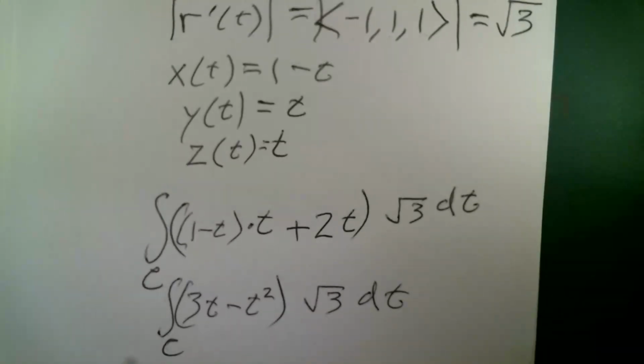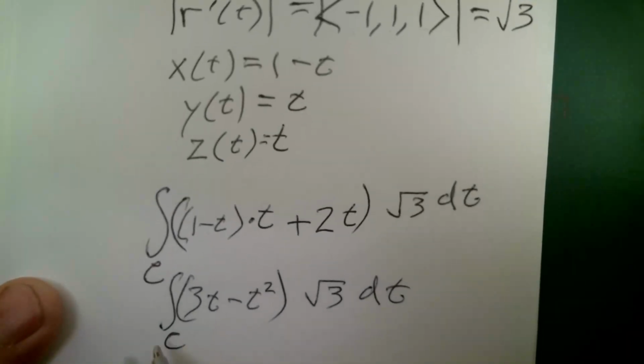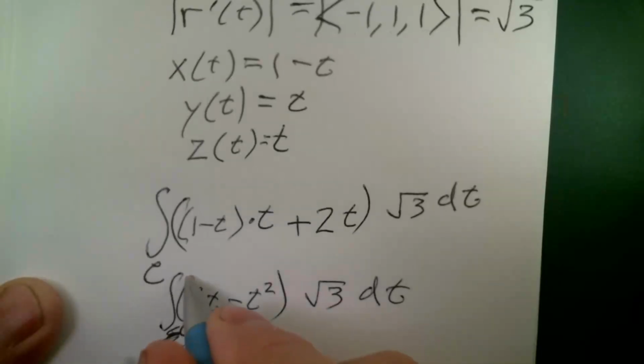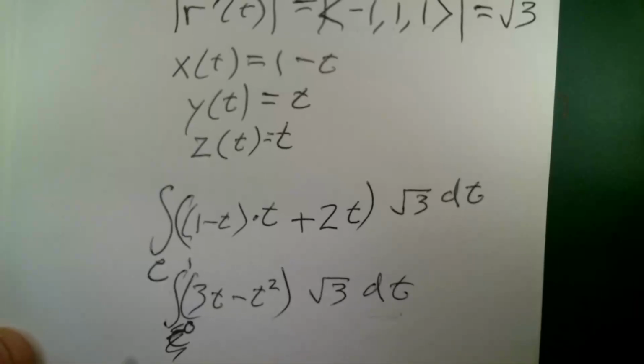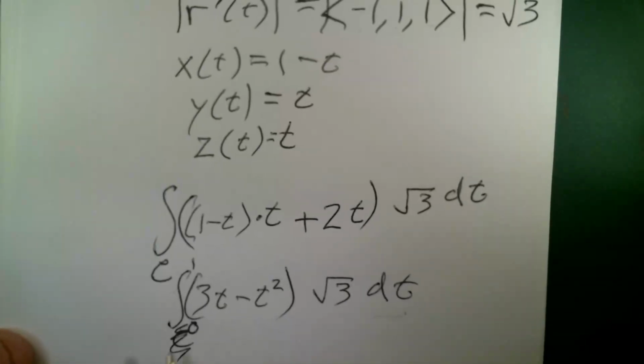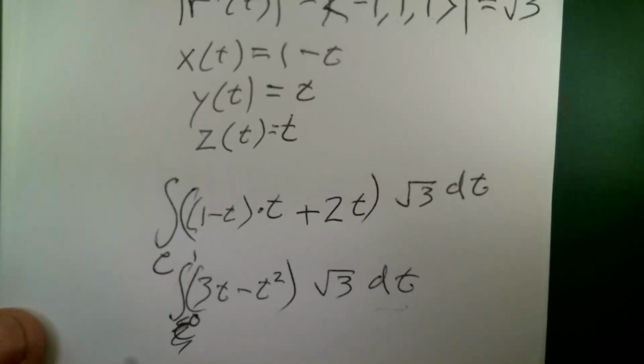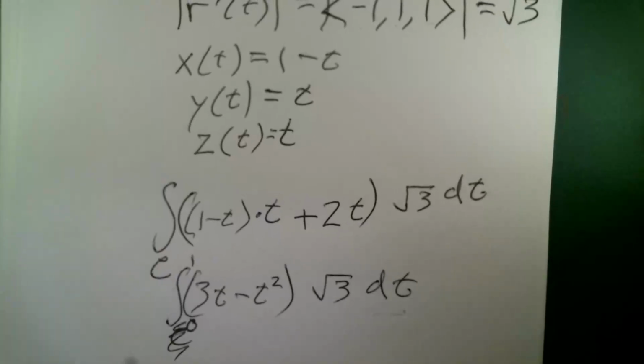Well, this all was designed so that we went from t equals 0 to t equals 1 as we move from one point to the other. So rather than having this C down here, I can just say this is an integral from 0 to 1. And it's with respect to t, so it makes sense that those are t limits. Now that's Calc 1 from there. We can do the integral.